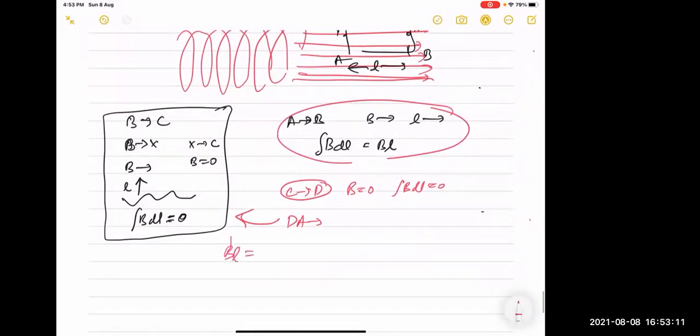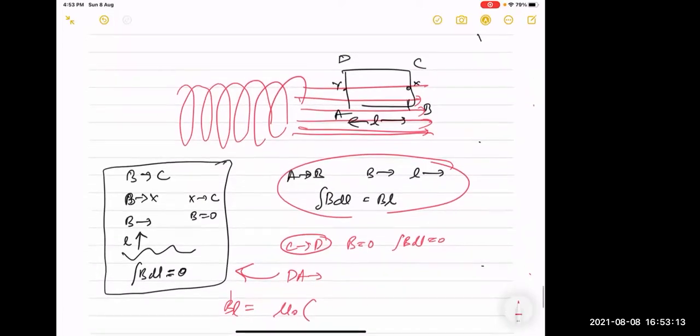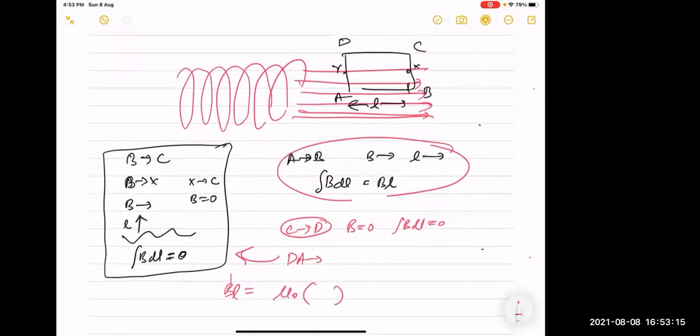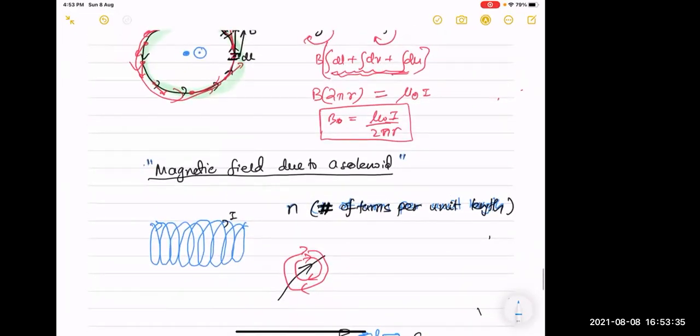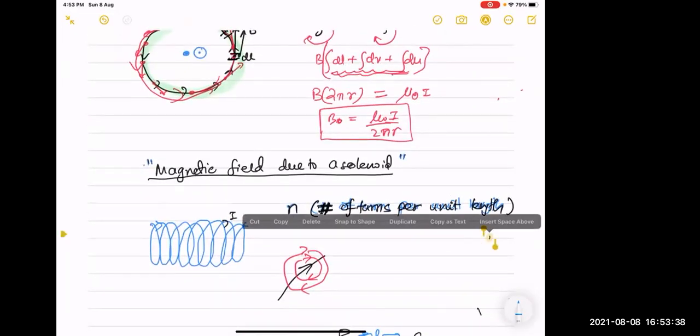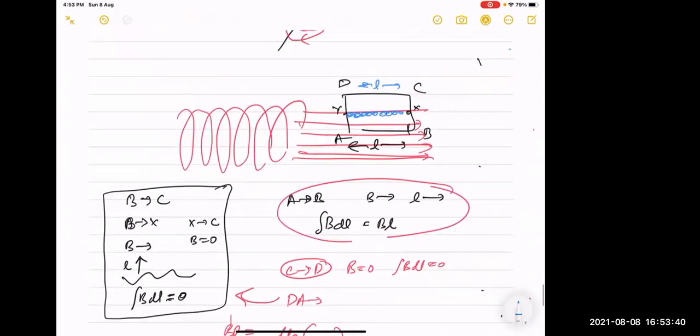Yes, sir. BL is equal to mu naught times the current enclosed by this loop. Now in this Ampere loop, how much current is passing? There are wires going like this, cutting through the loop. If the length of this loop is L and the number of turns per unit length is N, the number of loops passing is NL, right?